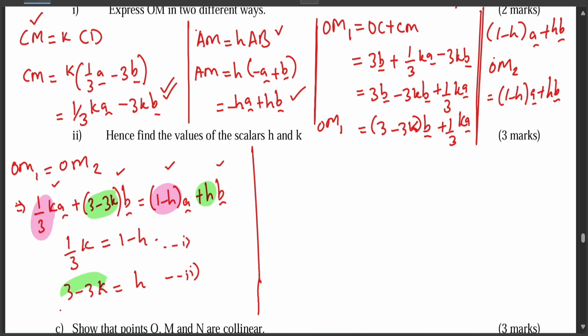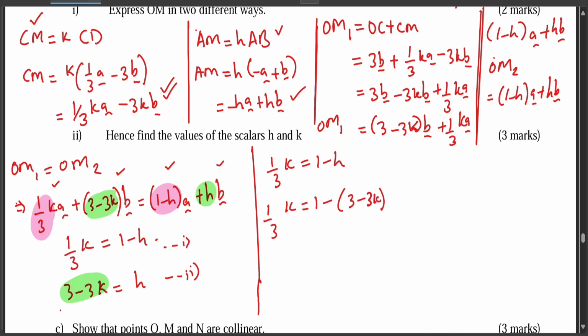So where there's H, I'll put in 3 minus 3K. So let me write the first equation, which is a third K equal to 1 minus H, right? So where there's H, I'll put what? I'll put 3 minus 3K. So badala ya kusema 1 minus H, nitaandika 1 minus into bracket, kwa sababu ni kitu kimoja, 3 minus 3K.